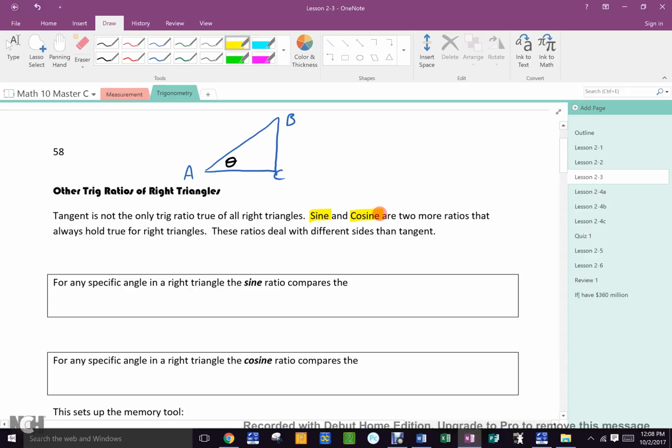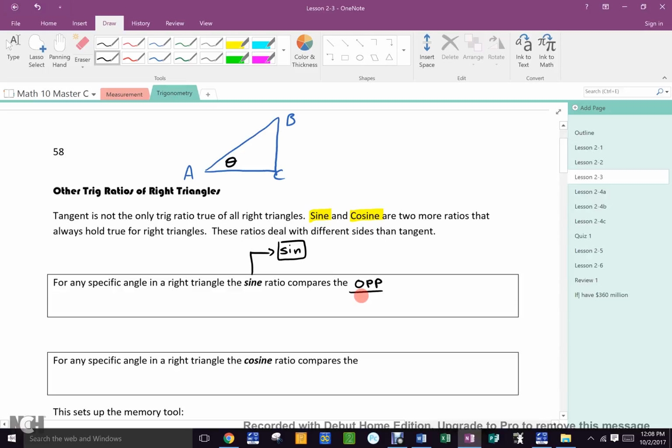So they have been shortened. The sine ratio on your calculator is the sin button. And it compares the opposite to the hypotenuse.